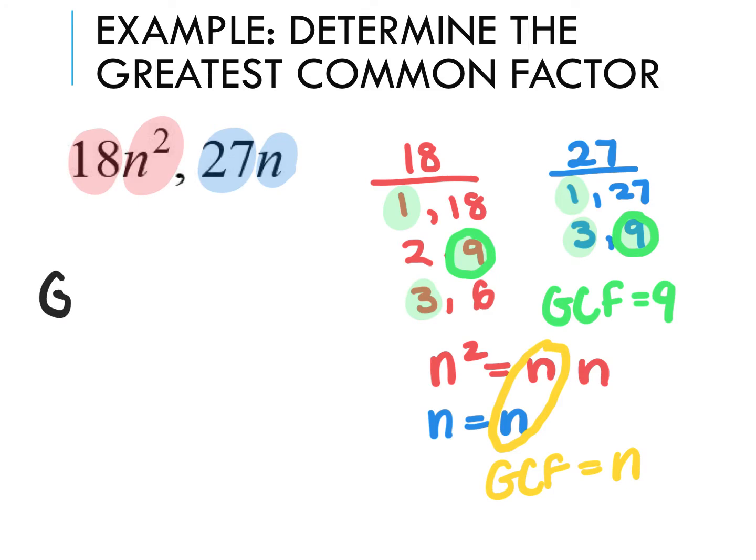Now when I rewrite my total greatest common factor, I first include the greatest common factor of the numbers, which is 9, times the greatest common factor of the variables, which is n. So my greatest common factor is 9n.